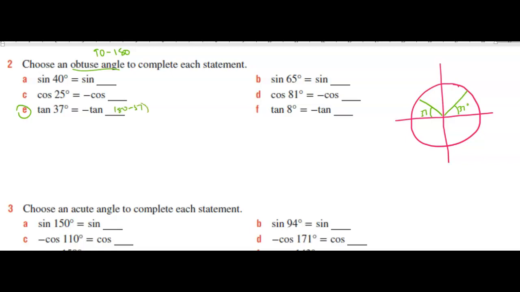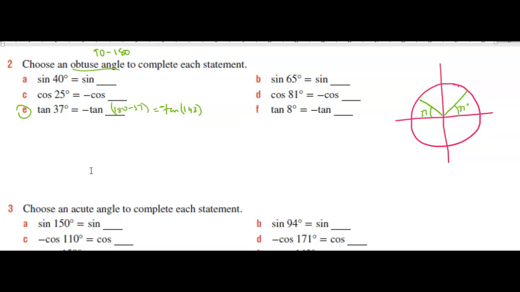minus 37. And if you ever wanted to check, you can put tan 37 and tan 143 in your calculator, and you get the same answer. So it should be negative, and you'll get the same answer.